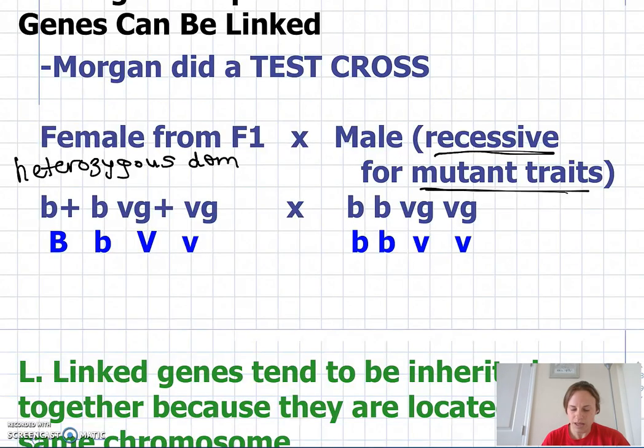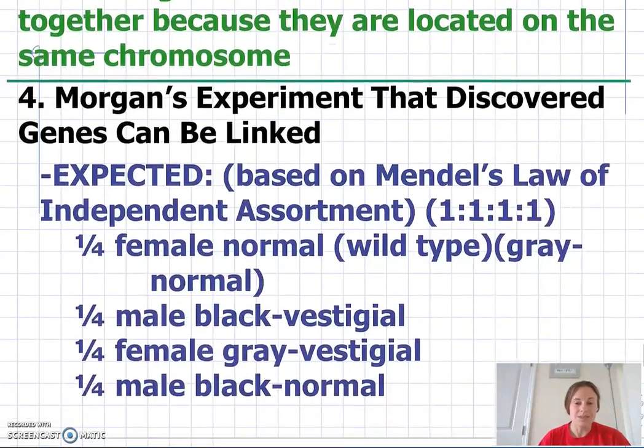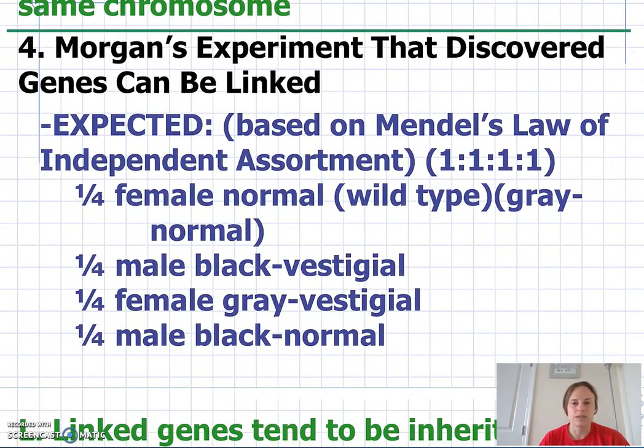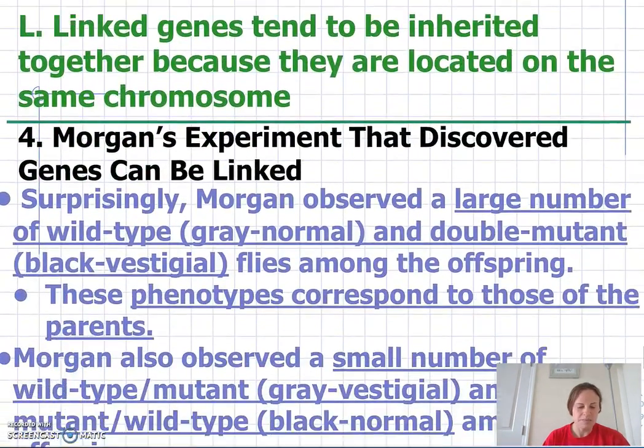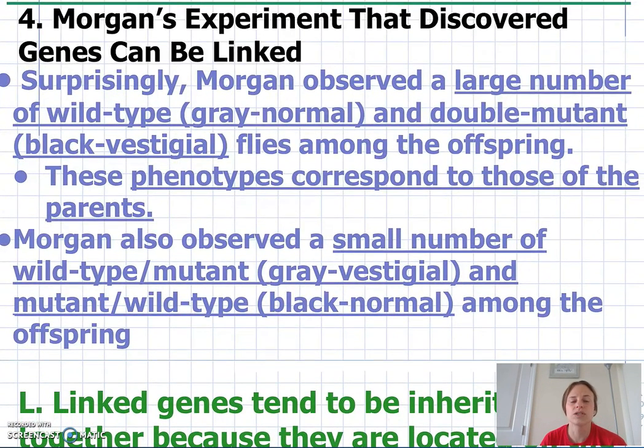And the male, the one that acted as the test cross, was recessive for both of the traits. And what he ended up with was not the expected 1:1:1 ratio. The expected is a quarter of each one of those phenotypes. But instead, what Morgan saw, as we said earlier, was a large number of wild type and double mutant flies, which were the phenotypes that corresponded to the parents.